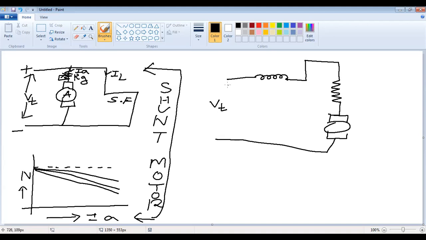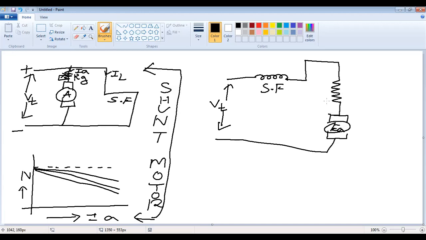We give the supply here, which means the terminal voltage. Here is the series field resistance, the field, and the armature with its EA. Both are in series.